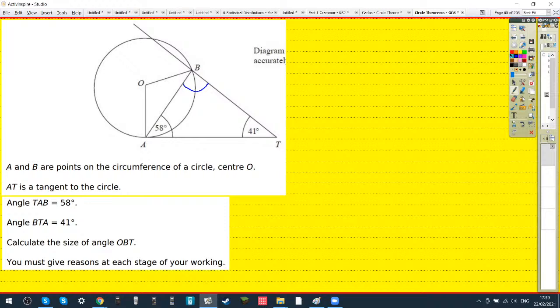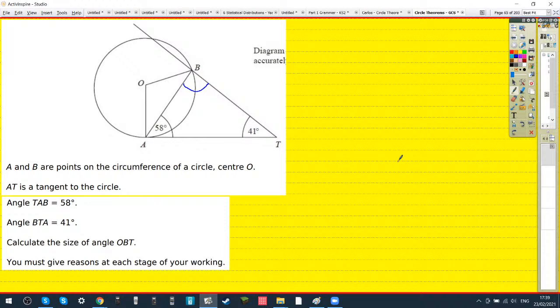So if they're on a straight line together, this makes a triangle. Oh. Oh, okay. So 58 plus 41 is 99.